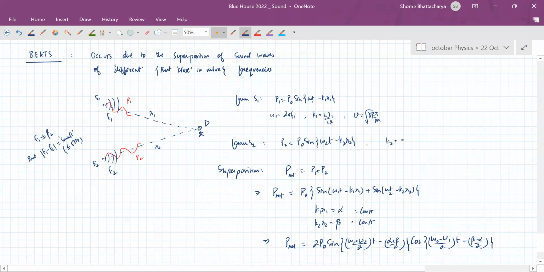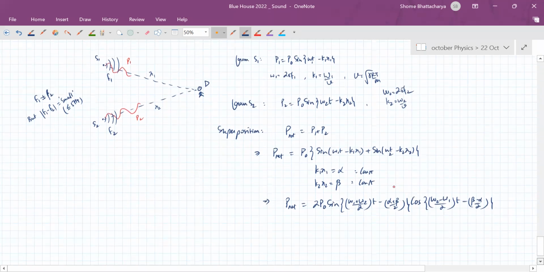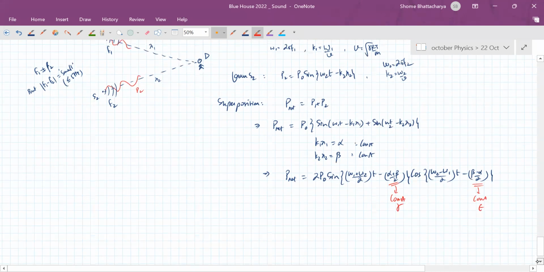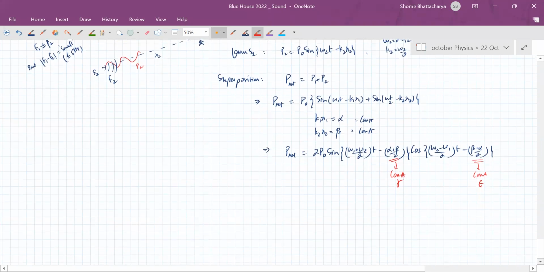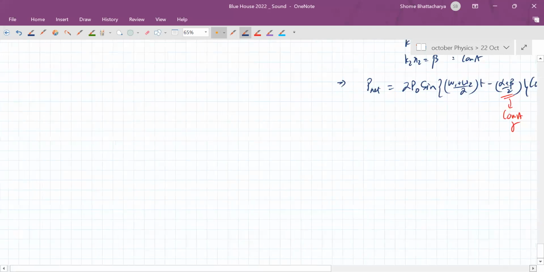Yeah, actually these formulae are reversed here. So now this alpha plus beta by 2, this is also constant. Let's call this something else, let's say gamma. And this is also constant. Let's call this something else, let's say epsilon. So the pressure variation that we have as a result of this now is something like this.